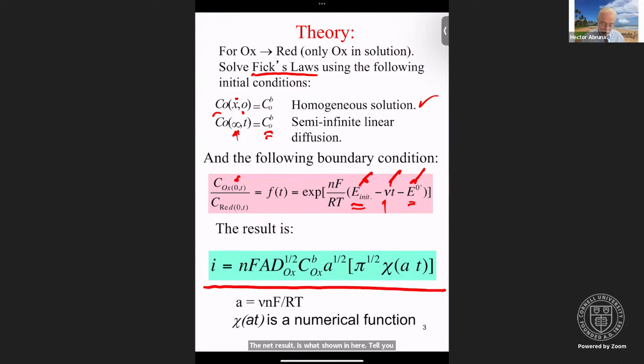It tells you that i equals nFA times the square root of the diffusion coefficient, times bulk concentration, times a to the 1/2, where a is sweep rate v times nF over RT. Then this term here is basically the current function. It's a numerical function, and that's why this equation has to be solved numerically, not explicitly. It doesn't have a closed solution.